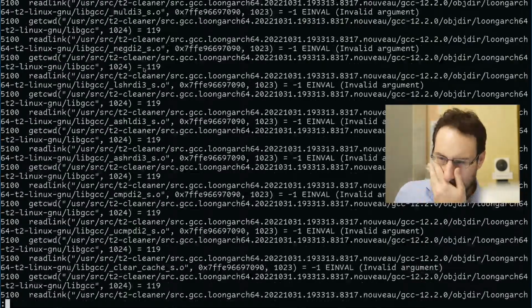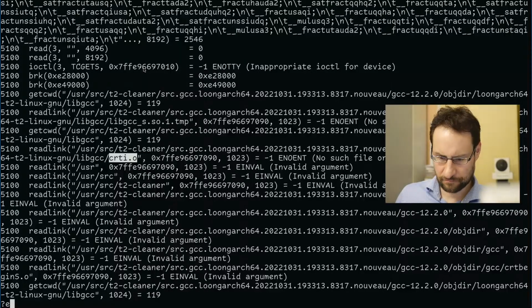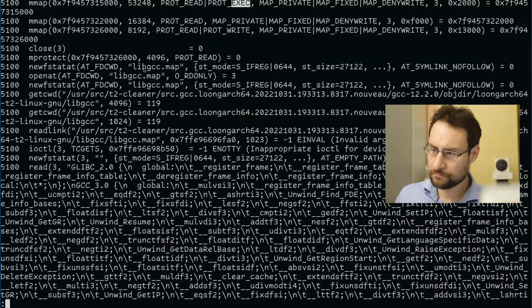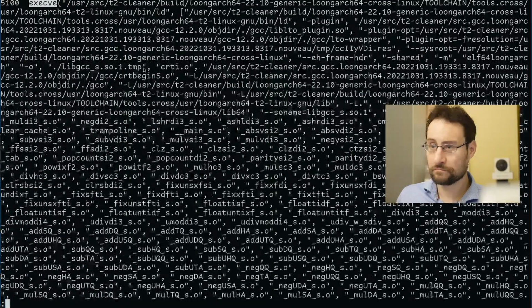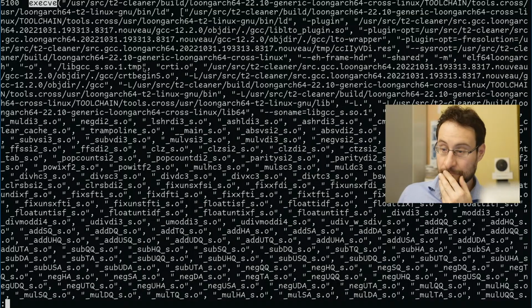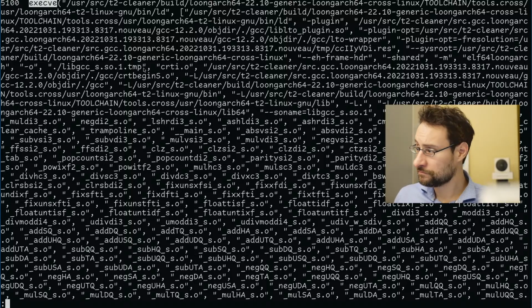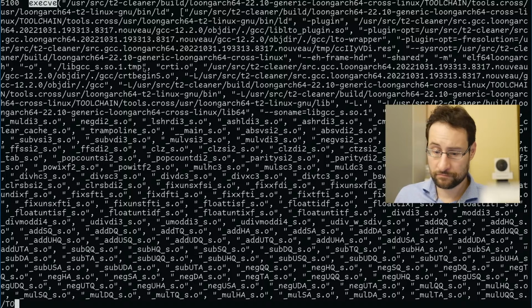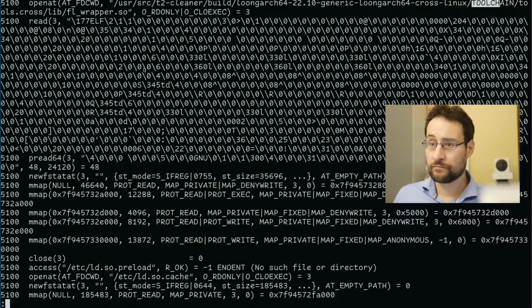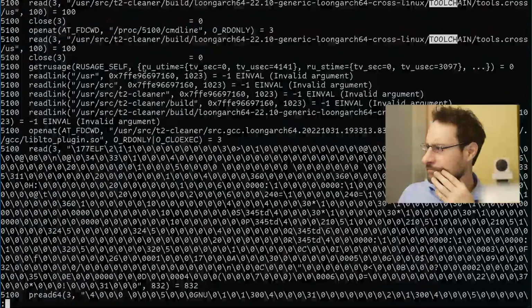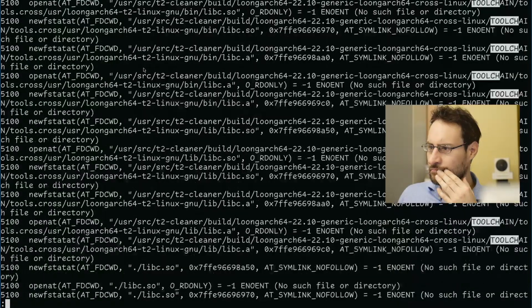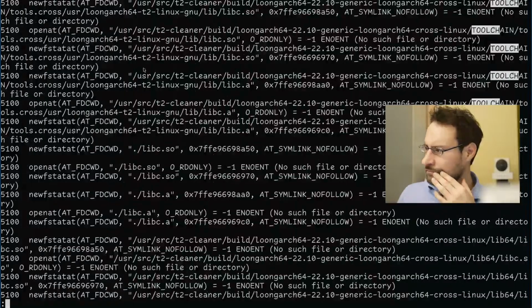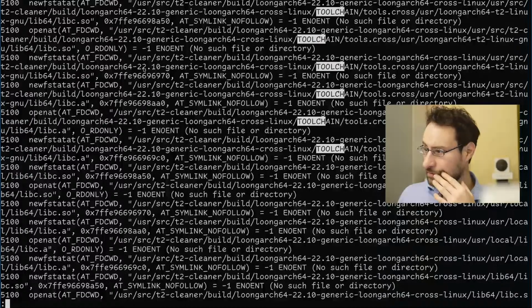Which linker is that? That is LoongArch bin ld. Why does it work for all architectures but LoongArch?